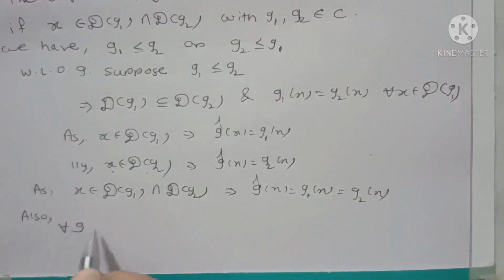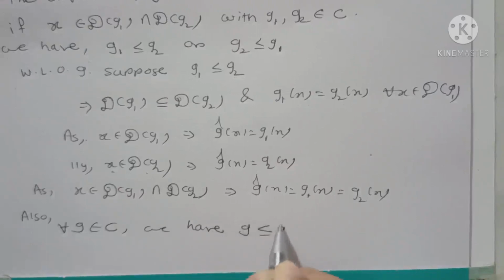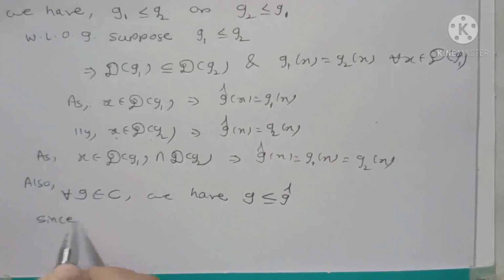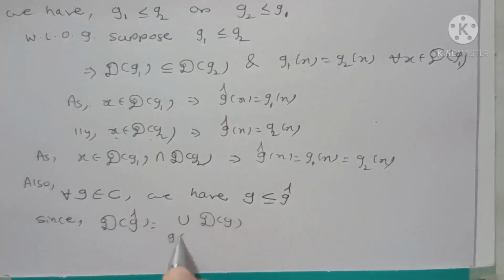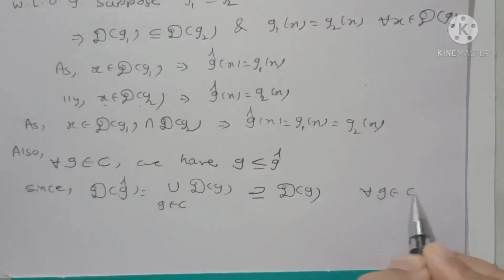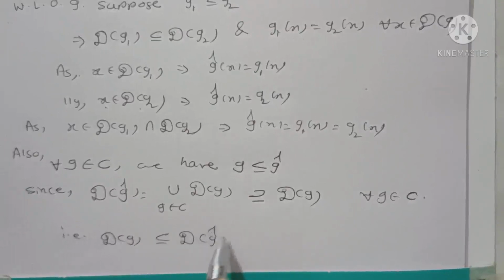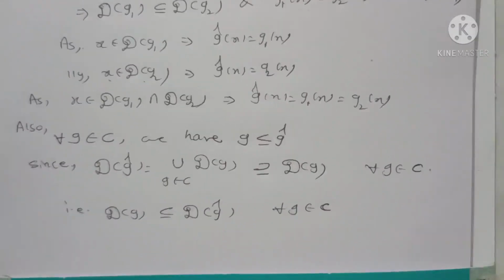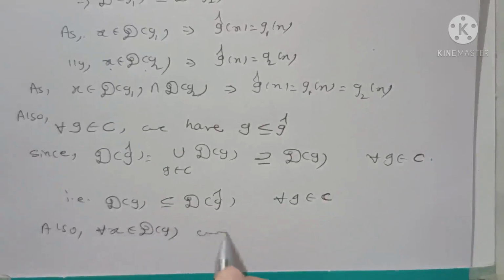Now after this, also for all g belongs to C, we have g less than or equals to g cap, since the domain of g cap, that is equals to the union of all the domains of g such that g belongs to C, always contains the domain of g for all g belongs to C. And therefore the domain of g is always contained in the domain of g cap for all g belongs to C. Also, by the definition of g cap, we know for all x belongs to the domain of g, we have g cap of x equals g of x.